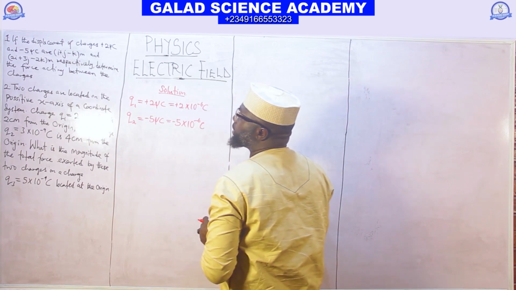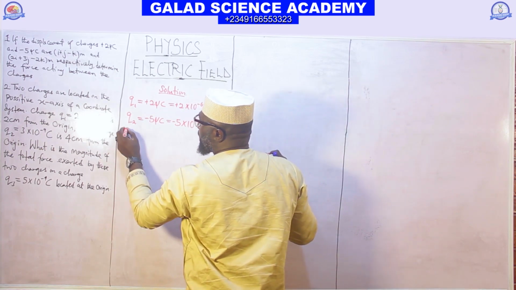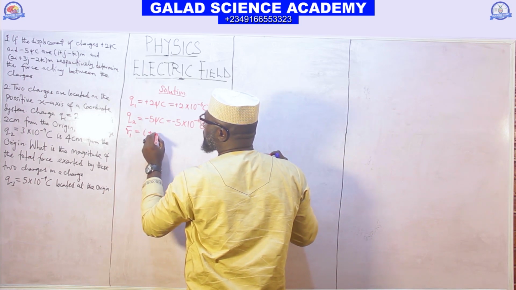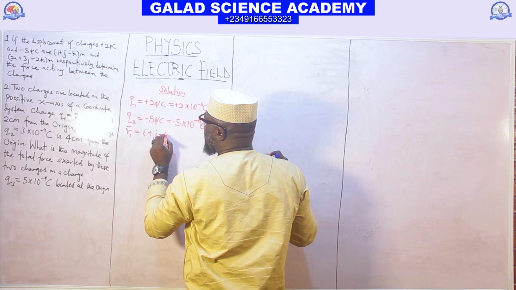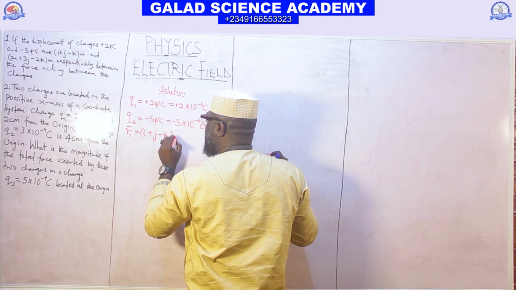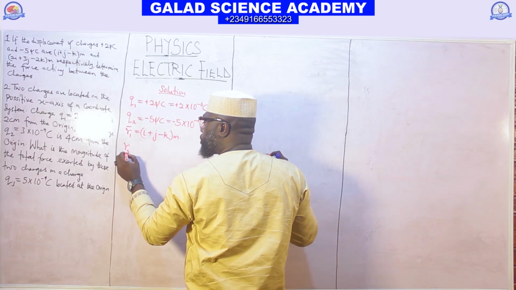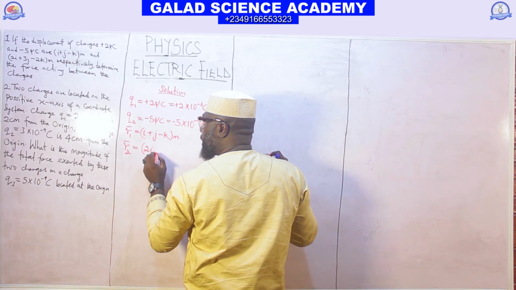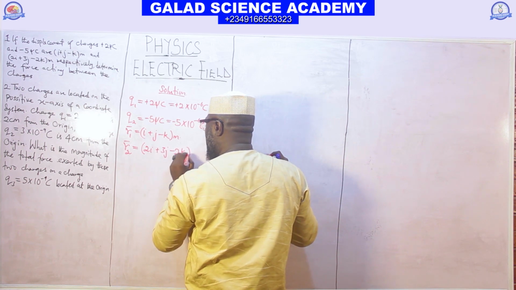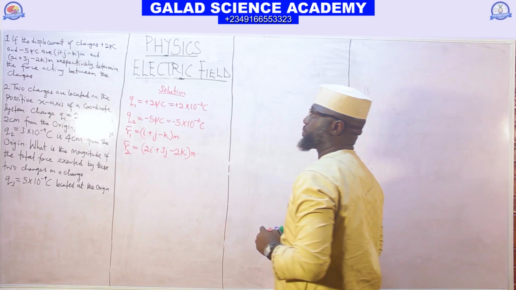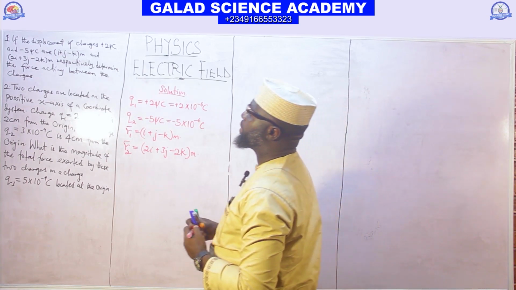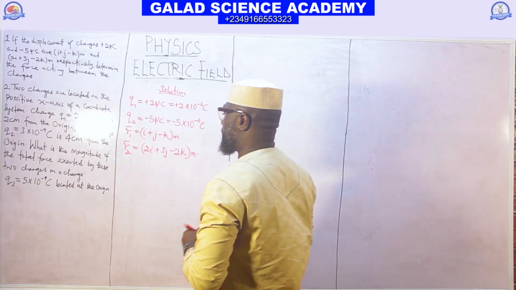And we are given the displacement R1 as i plus j minus k, everything in meter. R2 is 2i plus 3j minus 2k in meter. We are asked to determine the force acting between the charges.